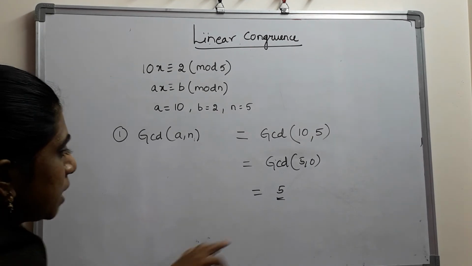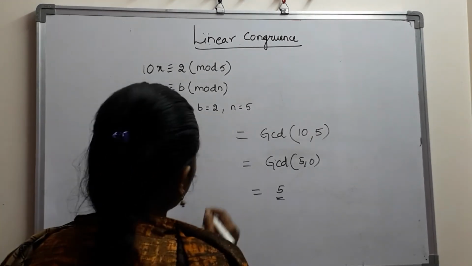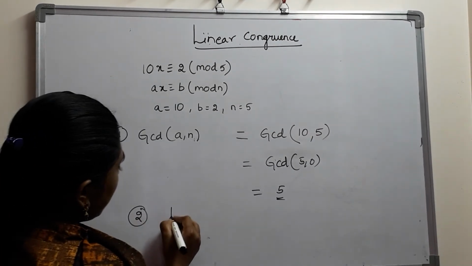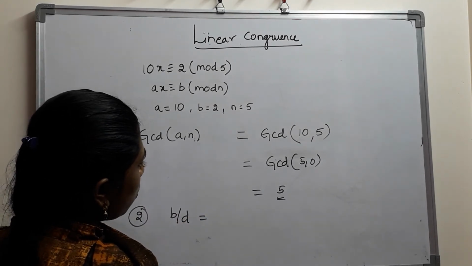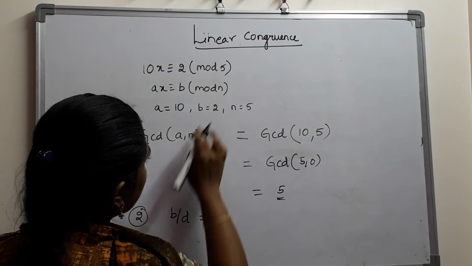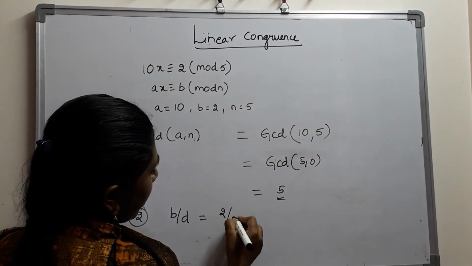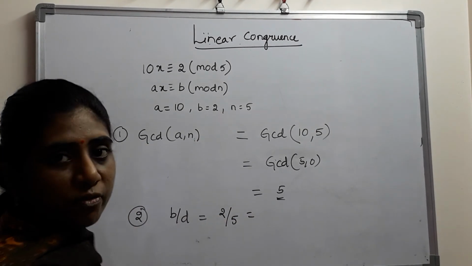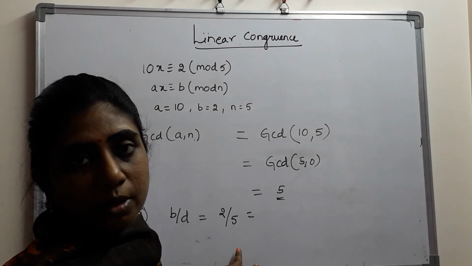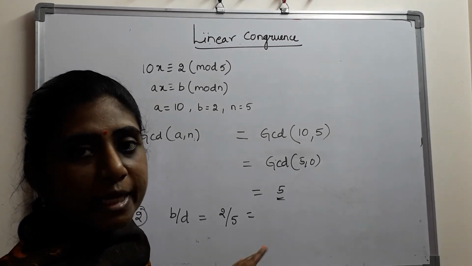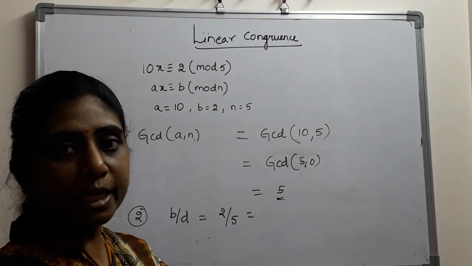Since the GCD value is 5, according to the second step we need to find B by D. The value of B here is 2, so 2 by 5. When you write 2 by 5, we are not getting any whole number or integer.